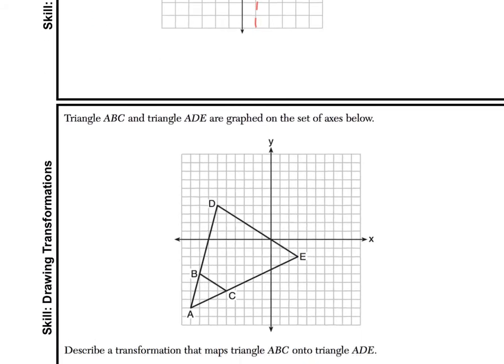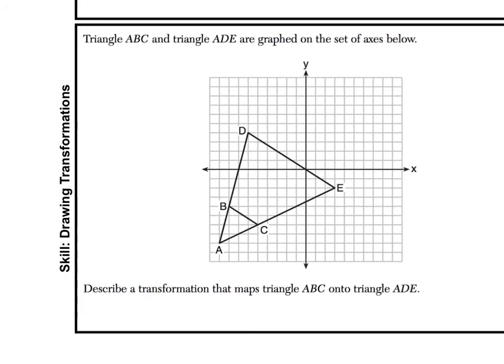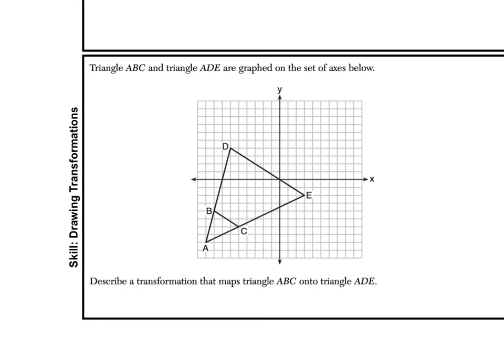And then for our final question, we're going to draw a transformation. Oh, this is a describe. Describe a transformation that maps triangle ABC onto ADE. So this is our ABC, and that is our ADE. So since it's getting bigger, obviously it is a dilation. So remember, for a dilation, there's two things we need to write about.